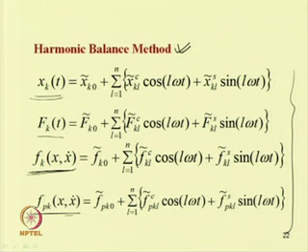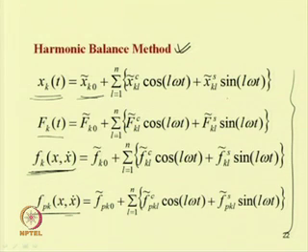Similarly, for higher modes, it will be x k 2 cos 2 omega t plus x k 2 sin 2 omega t. In this way, we can write the terms up to a certain level of frequency. For example, we can take only 3 modes. In that case L will be equal to 3. So, in addition to this constant term, we can have 3 plus 3, 6 more terms in this expansion.